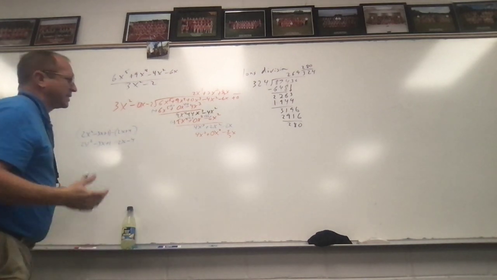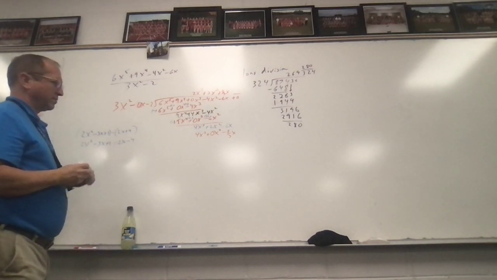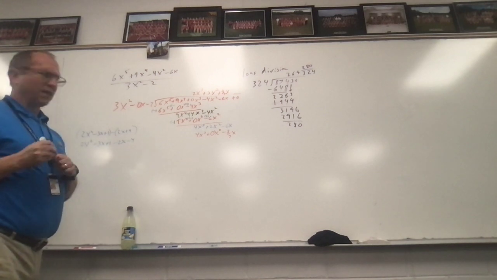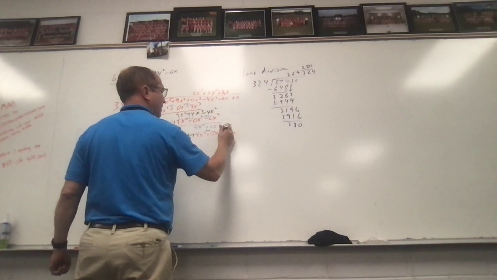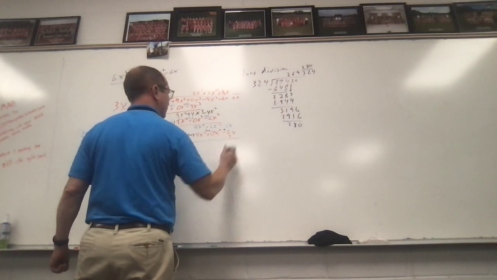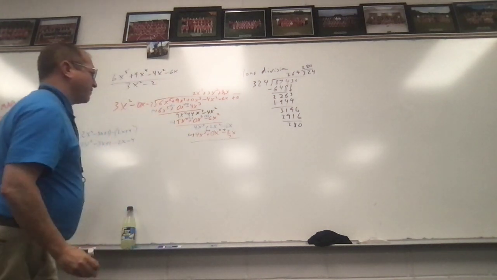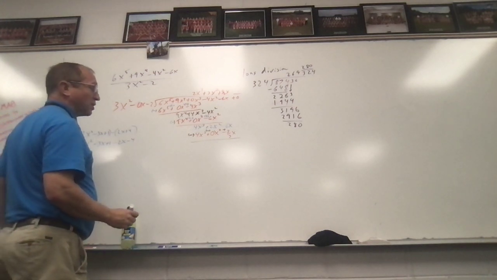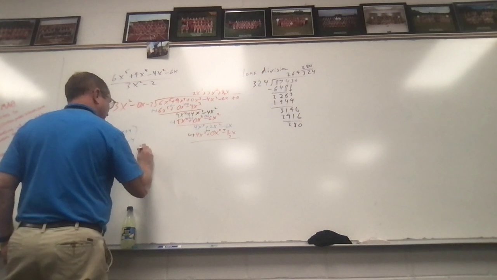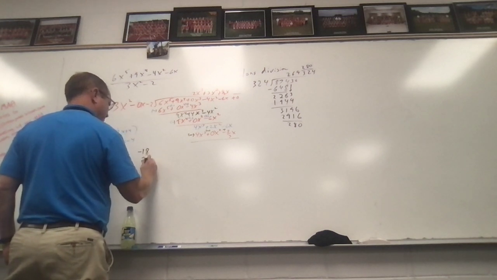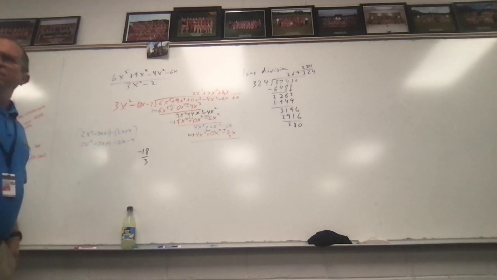So once again, what's the next step here? Change all the signs. So minus, minus, and plus. All right, so we have negative 6 plus 8/3. Negative 6 is the same thing as negative 18/3, right?